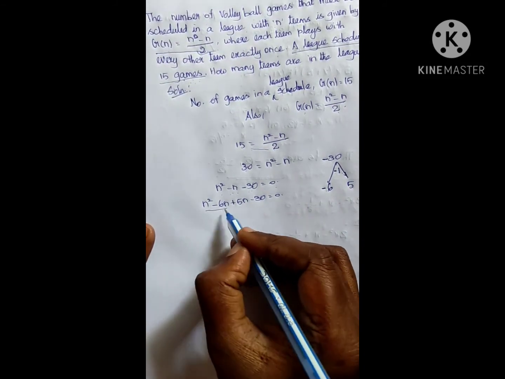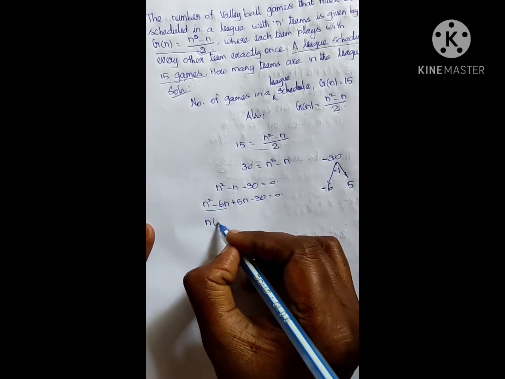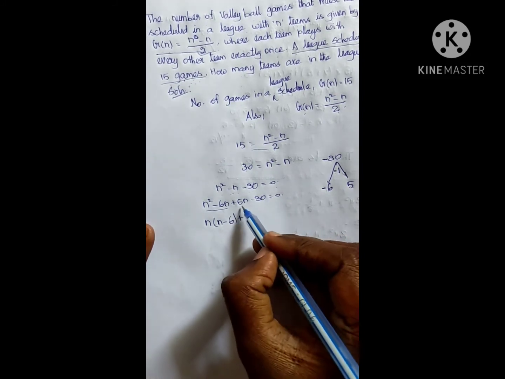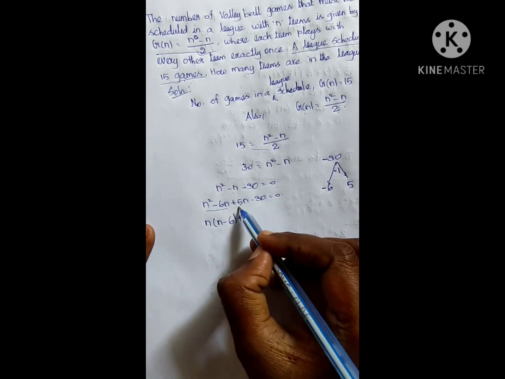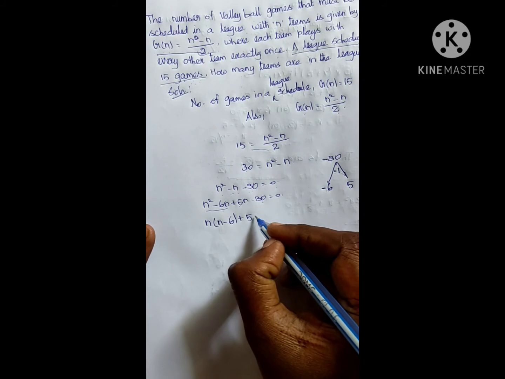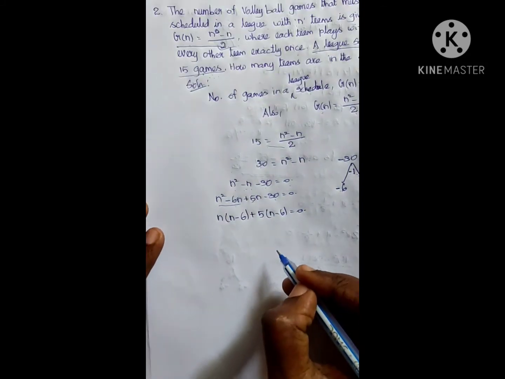Now, from the first two terms, we will take n outside. So, it becomes n into n minus 6 plus, see here, 5 ones are 5, 5 6s are 30. So, from these two terms, we will take 5 outside. So, 5 into n minus 6 equal to 0.